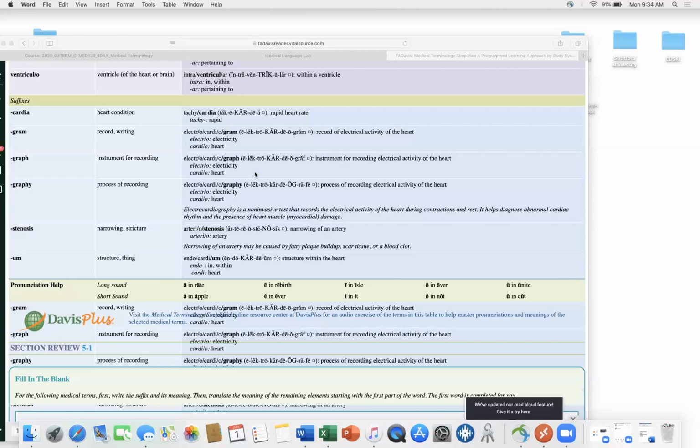But how many times I'd like to schedule an electrocardiograph? It's obvious that somebody didn't study or doesn't know how to speak true medical terminology. Okay, so remember the process of recording, that's the thing that you want to schedule, electrocardiography.